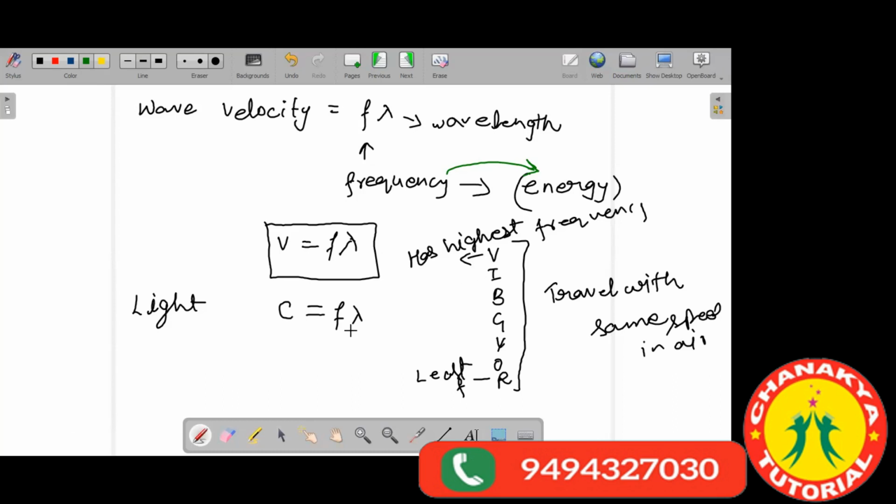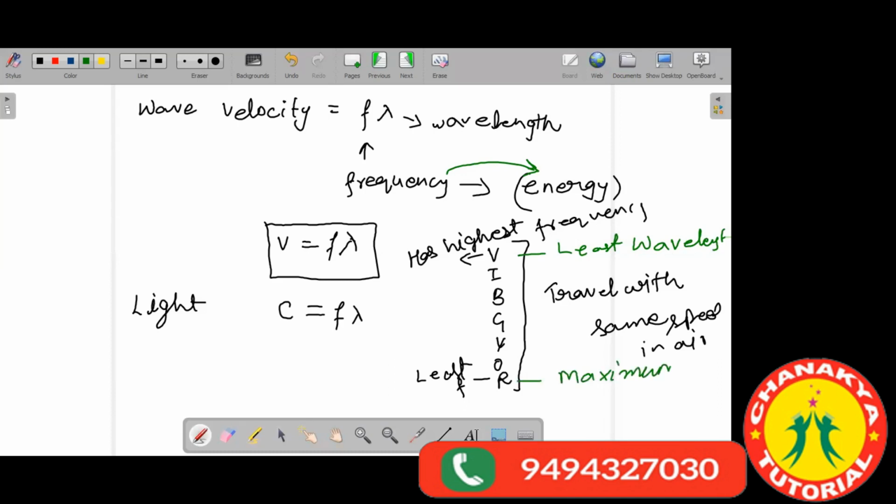Okay. Also, the product of frequency and wavelength is a constant. So if I have a high frequency, that substance should have a low wavelength. So if violet color has the highest frequency, it should have the least wavelength. So which color has the least wavelength?